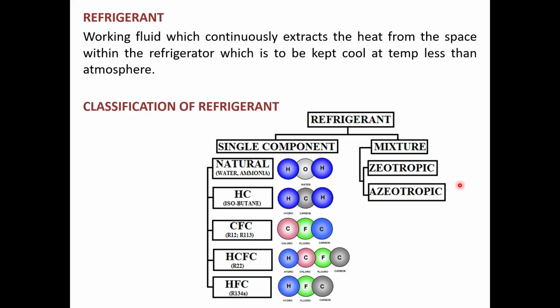Azeotropic mixtures are mixtures of two or more refrigerants whose vapor and liquid phases retain identical compositions over a wide range of temperature. Examples are R502 and R503.